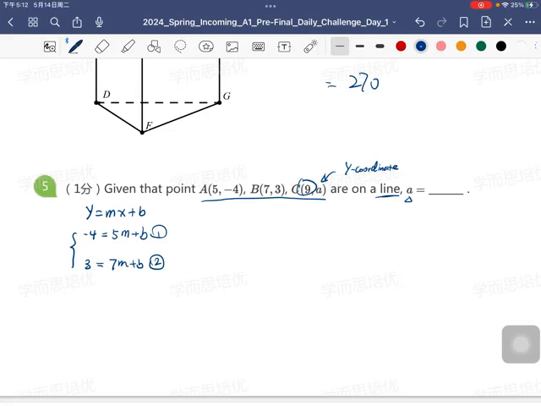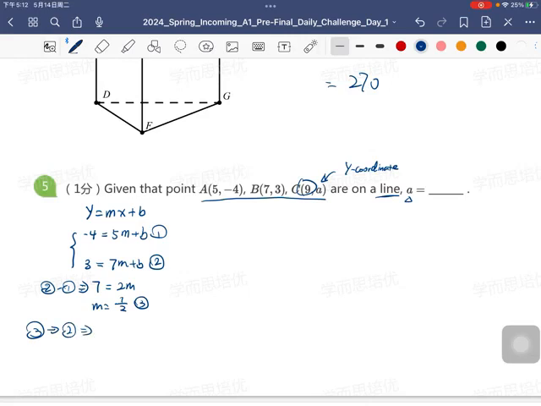What I'm going to do is calculate by doing a subtraction. On the left hand side I got 7, on the right hand side I got 2m. So m is equal to 7 over 2. Then I'm going to put m, which is 7 over 2, into either of these equations.